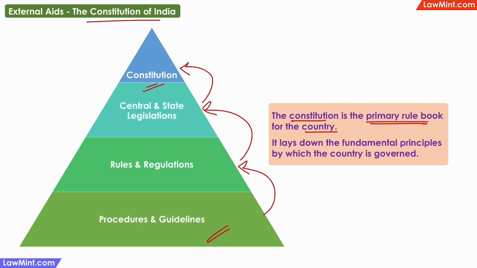For example, no laws or statutes can contravene the fundamental rights guaranteed by the Constitution. The powers of any authorities cannot exceed the limits set by the Constitution. So, whenever there is a question of the interpretation of any laws, especially if the law seems to be interfering with fundamental rights or constitutional rights, or seems to be in contravention of any other article of the Constitution, then the Constitution itself should be used as an aid to interpretation.